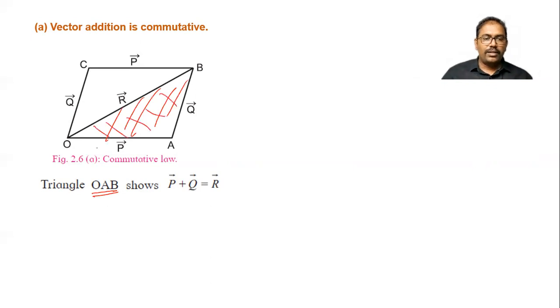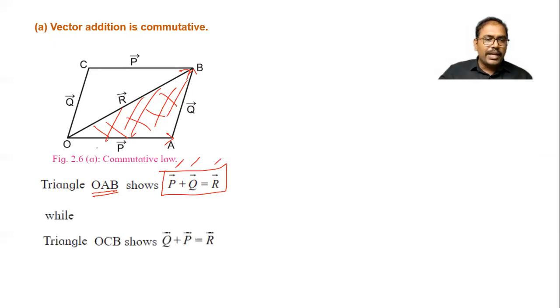Apply the triangle law to this. The first vector P bar plus the second vector Q bar is equal to the third vector R bar. I hope you understood this. P bar plus Q bar is equal to R bar by triangle law: first side plus second side is equal to third side.